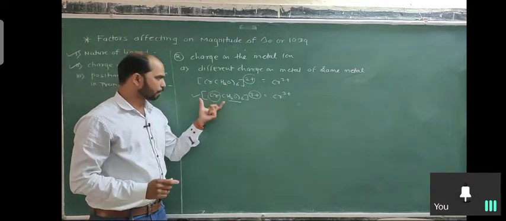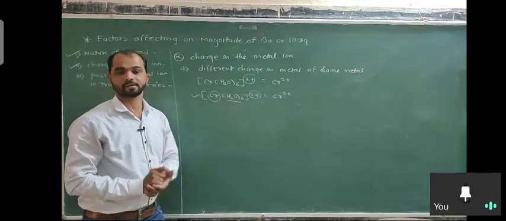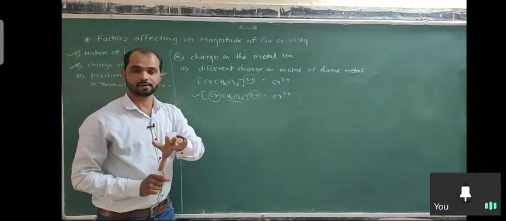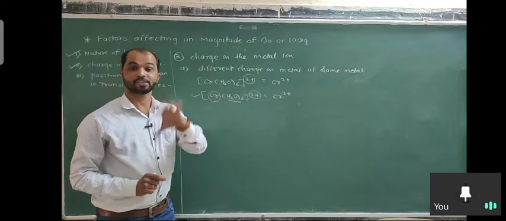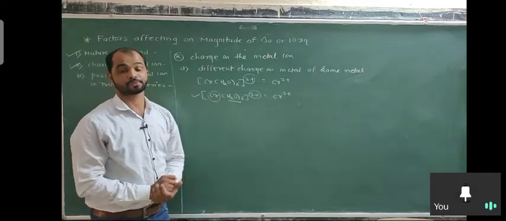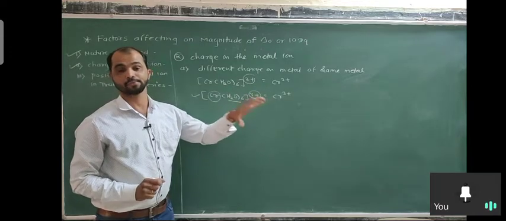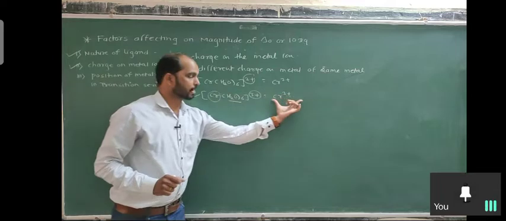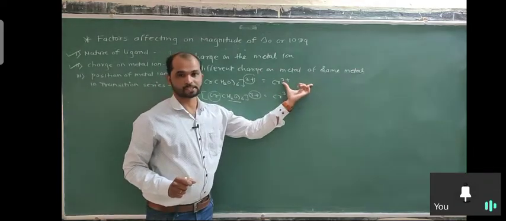So the metal ion having a higher oxidation state, same metal but different charges, the higher charged metal ion will absorb higher light absorption frequency as compared to this one. So here is a higher 10 Dq value as compared to the first one.